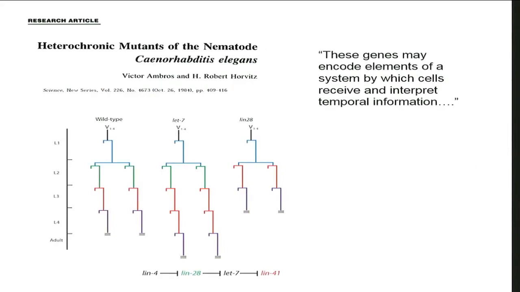What they found is that in mutants of the nematode C. elegans, mutations in genes called let-7 and Lin28, let-7 a microRNA and Lin28 an RNA binding protein that regulates it, could affect the timing of events during development, such that in let-7 you might have a particular developmental process repeated over and over. Lin28 mutants, which negatively regulate this, caused a truncation of normal development.